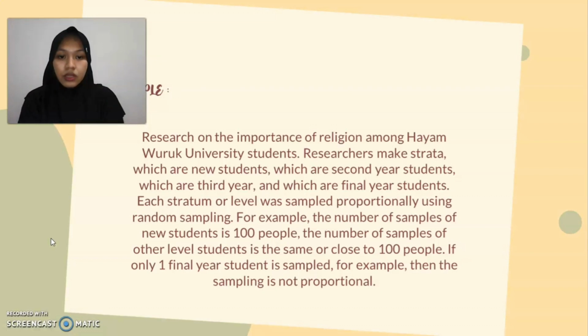For example, the number of samples of new students is 100 people. The number of samples of other level students is the same or close to 100 people. If only one final year student is sampled, for example, then the sampling is not proportional.